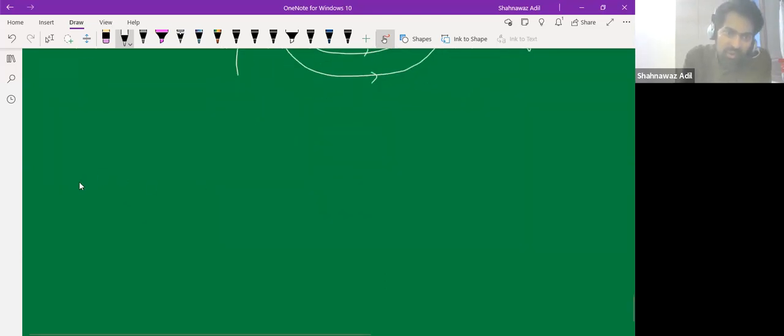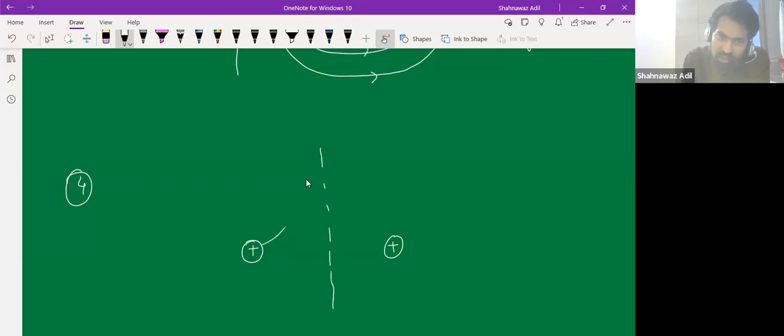And the fourth one is between positive and positive. Let's say we have this positive charge and this positive charge. This will have a neutral point in here, so this will go down.